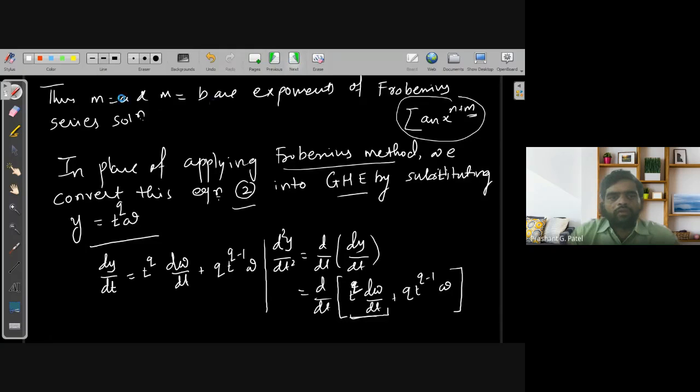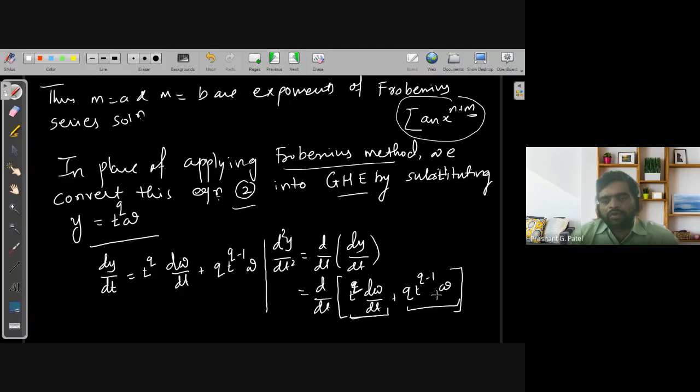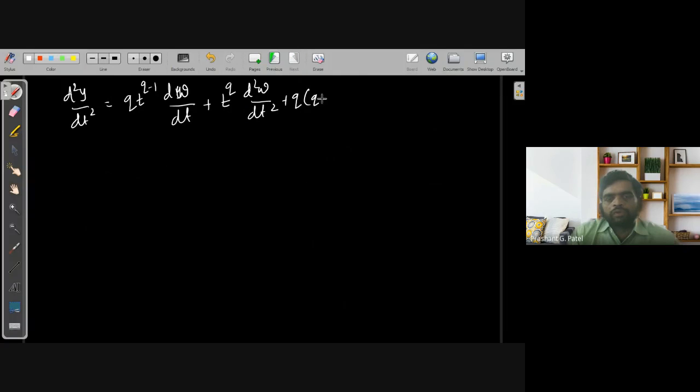So we can write q t power q minus 1 dw by dt plus t power q d square w by dt square. Then we have this quantity, that is q into q minus 1 into t power q minus 2 w, then plus q into t power q minus 1 as it is, and the derivative of w is dw by dt.